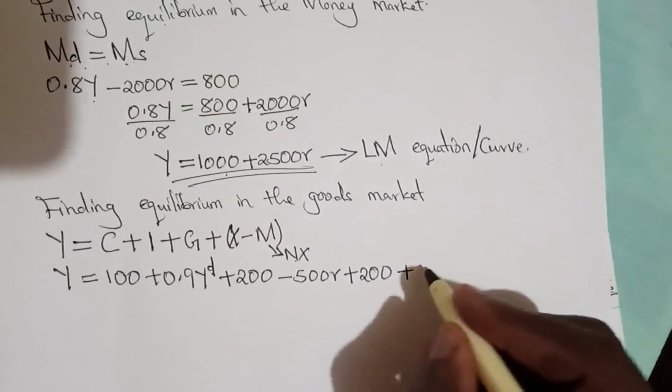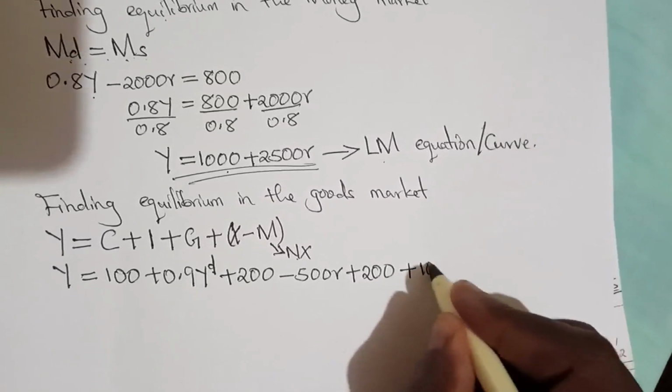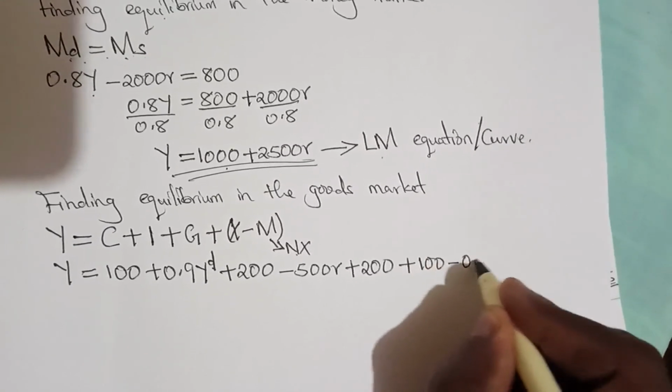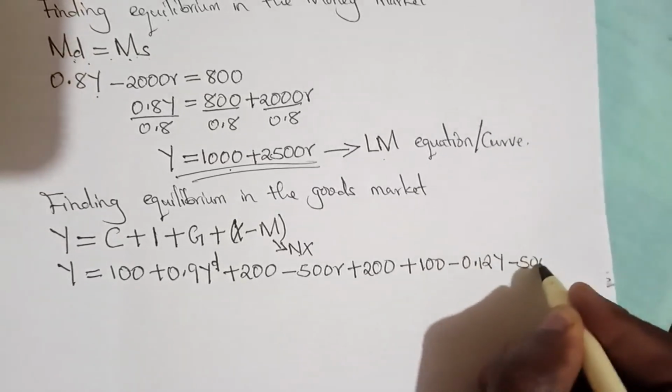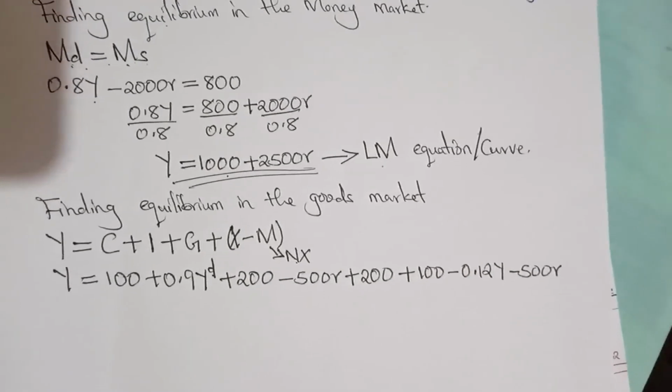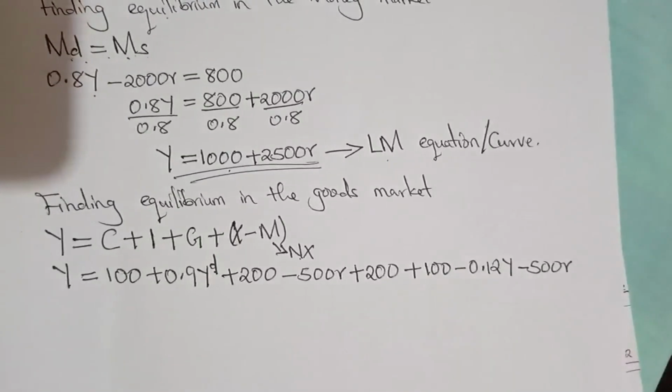Net export is 100 minus 0.12Y minus 500R.